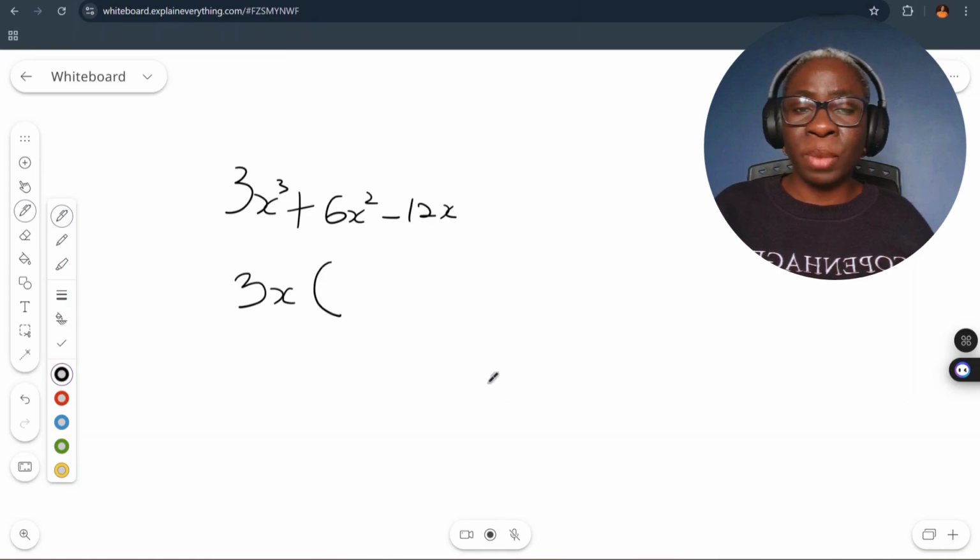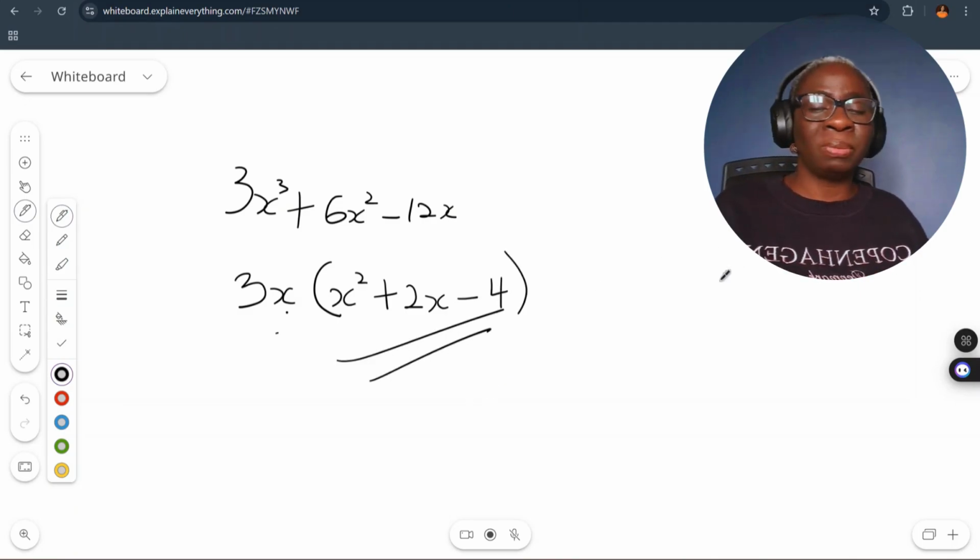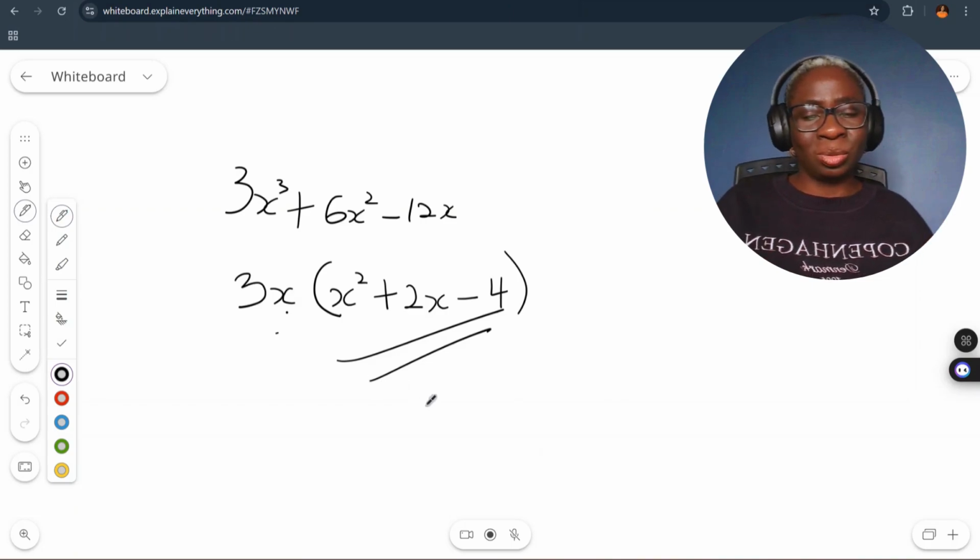When we take x from x cubed, we have x squared left, and then plus when we take 3 from 6, we have 2 left. When we take x from x squared, we have x left, and when we take 3 from 12, we have 4 left. This one is very straightforward. We've just factorized completely because there is nothing else we can do.